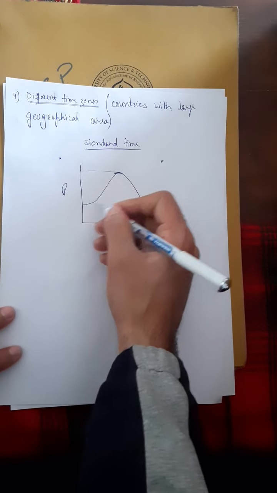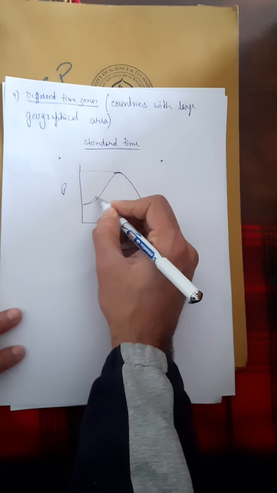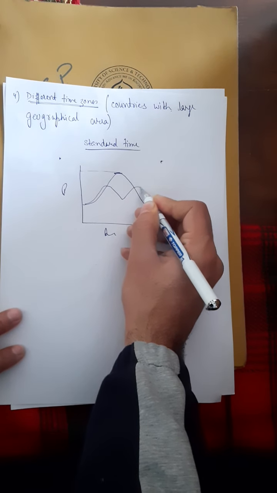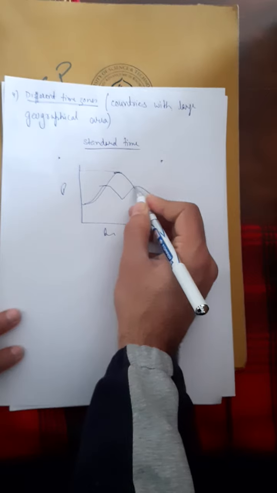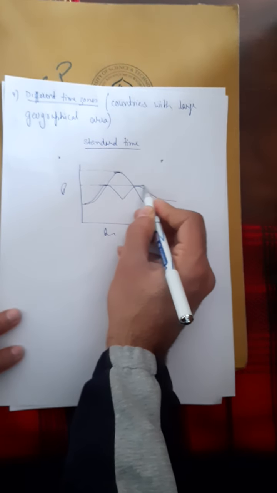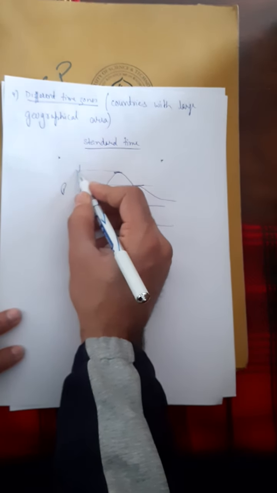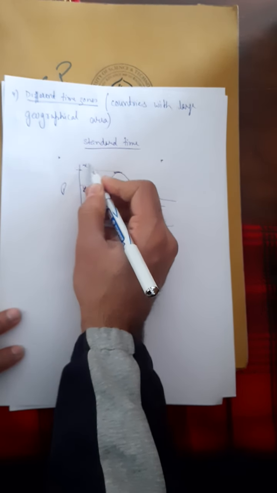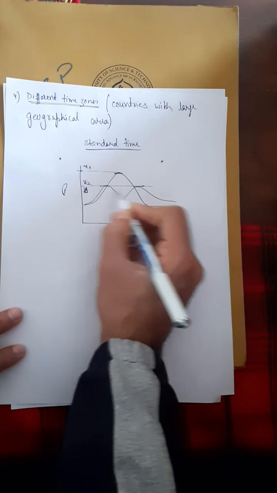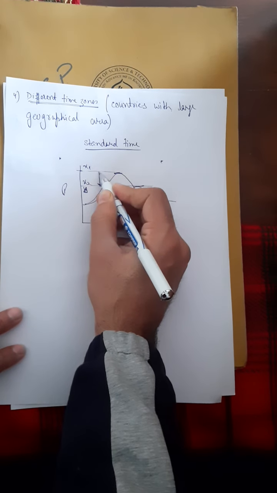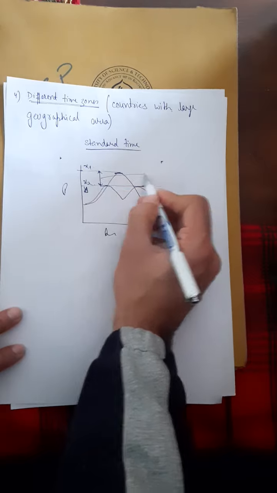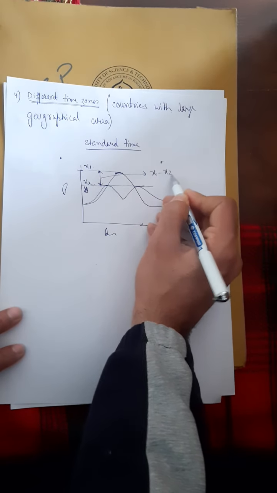So instead of this peak, we will have peaks like this, like this. Instead of one peak, we will have 2 peaks. Earlier the peak load was x1, now the peak load is x2. So this much is how much the peak has been reduced: x1 minus x2.